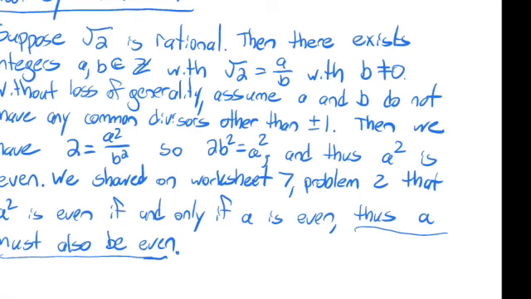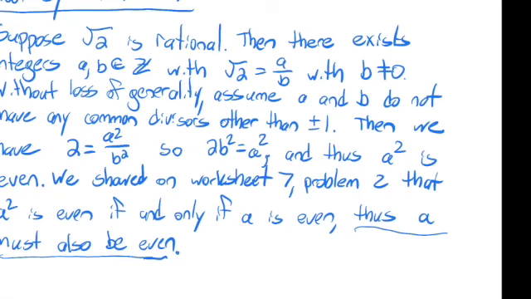So you're kind of making a couple of observations in one, but you just want to be a little bit careful. We don't get that a is even directly from this. We get a squared is even from this because we can see a squared is 2 times something. So there's kind of a 2-step process here. This tells me that a squared is even, and then we have this theorem that therefore tells me that a also has to be even.